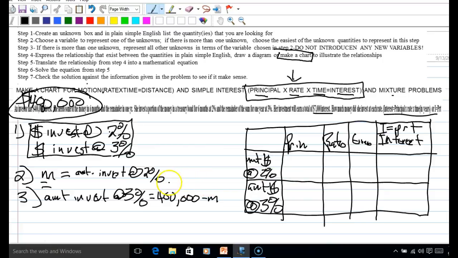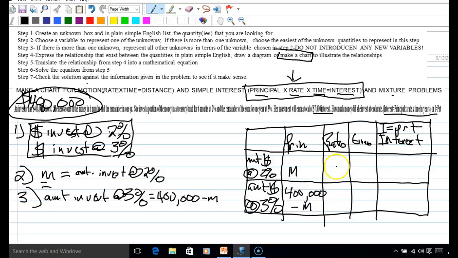Well, you define that precisely in step 2 to be M. I don't know what M is exactly. That's what I'm trying to find. The principal, or the amount of money that you invested at 3%, you defined as $400,000 minus M.